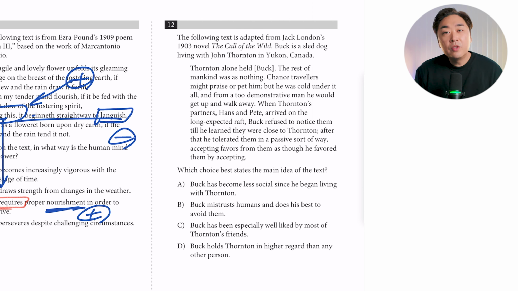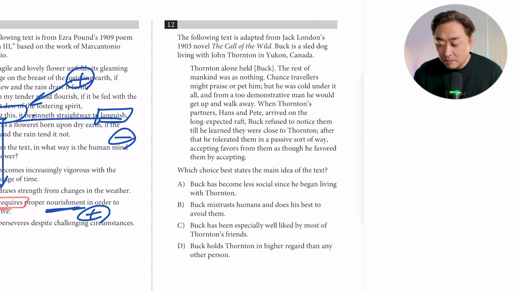When you look at the answer choices, you need Thornton, you need the dog, Buck, and the relationship and how Buck loves Thornton, because there's nothing in this passage that talks about how Thornton feels about the dog. So I've got to say, hey, Buck really likes Thornton above anyone else, because it does talk about other people, right? You've got chance travelers, you've got the partners, Hans and Pete, they all come in. The dog doesn't care, right?